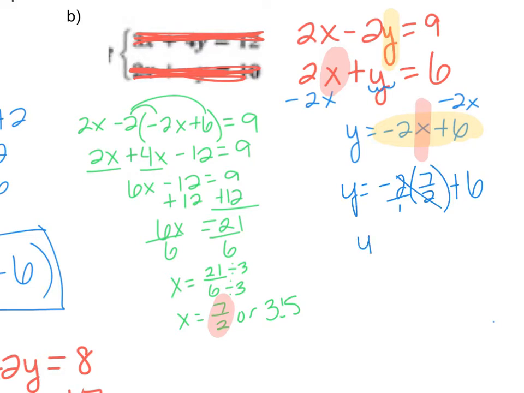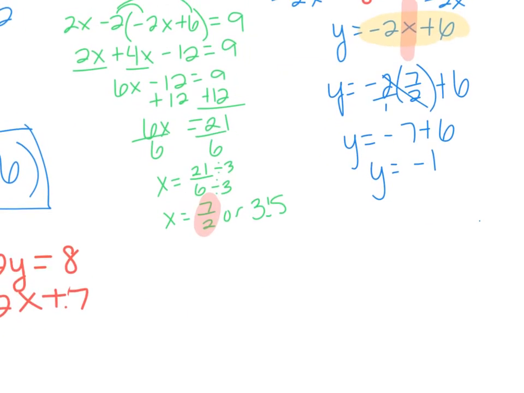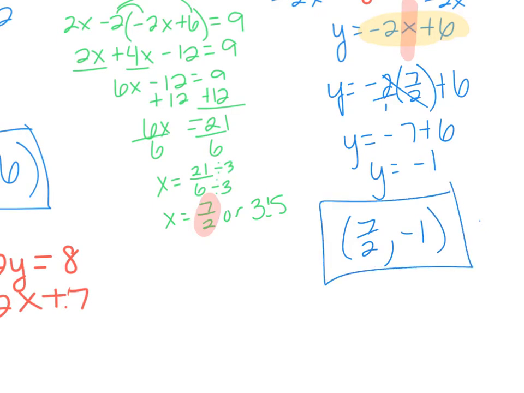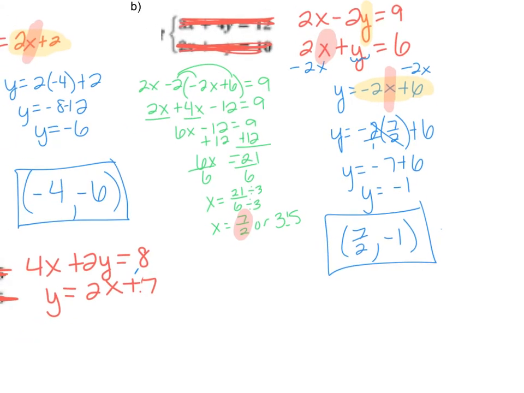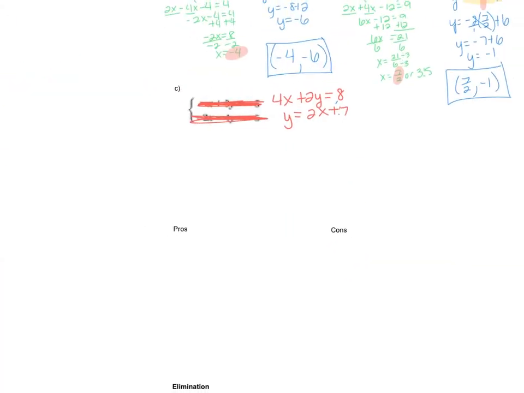And it will be y equals -7 plus 6. So y equals -1. So your answer for this is the ordered pair. Let's say 7/2. We'll just keep the fraction. 7/2, comma, -1. And if you wanted to check it on Desmos and graph it, you can. Graph the 2 lines where they intersect is the answer.